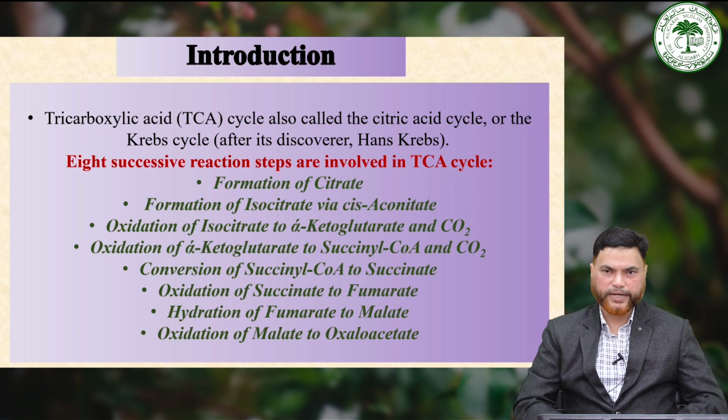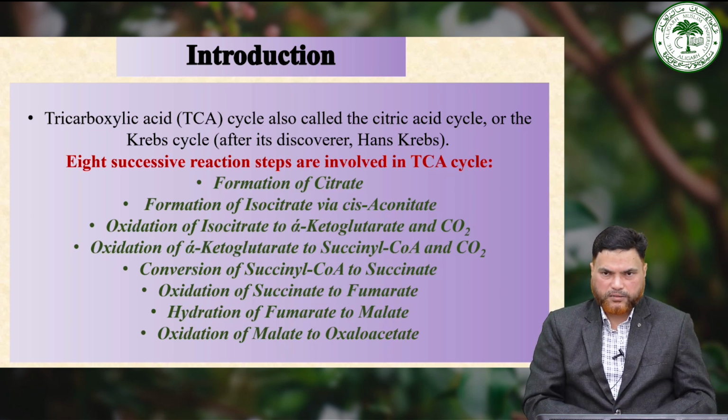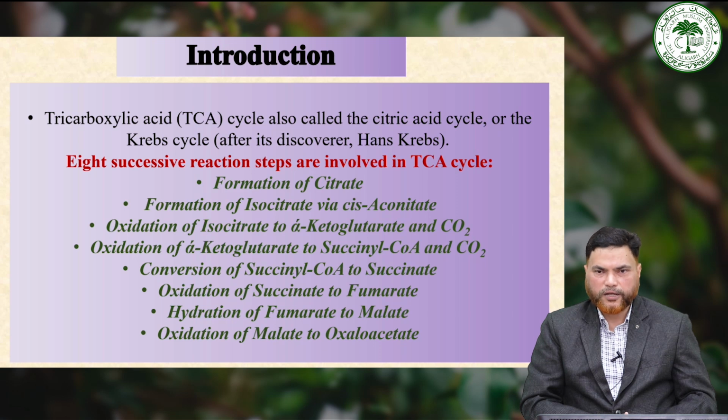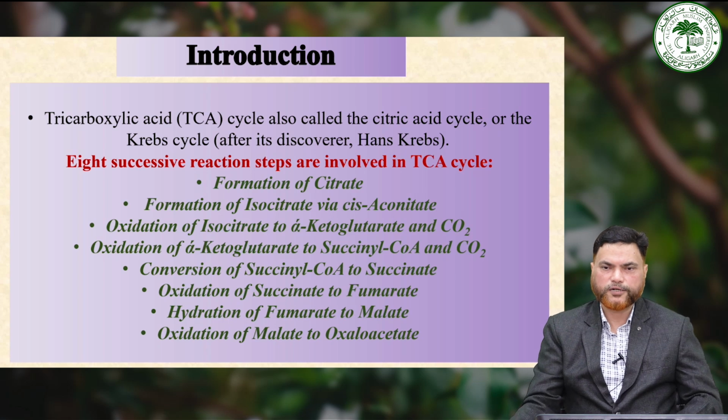Now, the tricarboxylic acid cycle, also known as the citric acid cycle or Krebs cycle, named after its discoverer Hans Krebs, consists of 8 successive reactions. These reactions include formation of citrate, formation of isocitrate through cis-aconitase, then oxidation of isocitrate to alpha ketoglutarate and release of carbon dioxide.